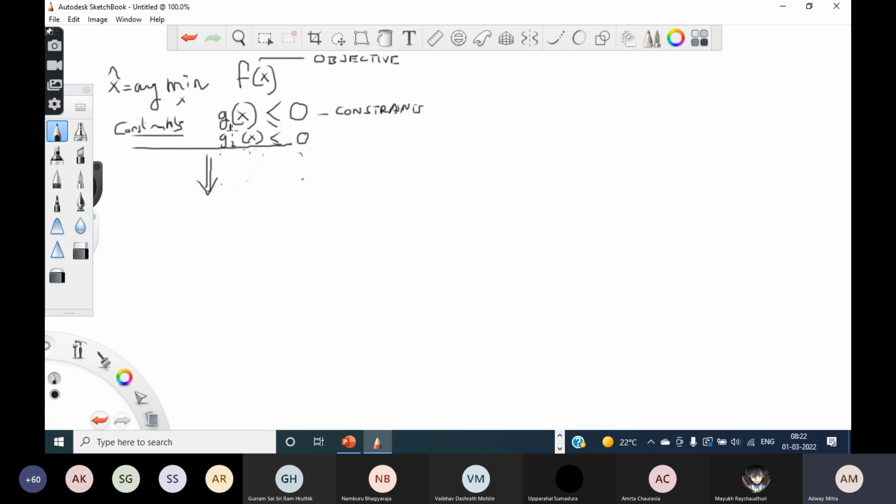Instead of trying to ensure that g1(x) is necessarily less than or equal to 0, or g2(x) is necessarily less than or equal to 0, we will try to make sure that g1(x) is as low as possible, and g2(x) is as low as possible. If that makes them less than or equal to 0, then fine. If it still does not, then we have to understand that no such solution exists anyway, that is, the feasible set is empty.